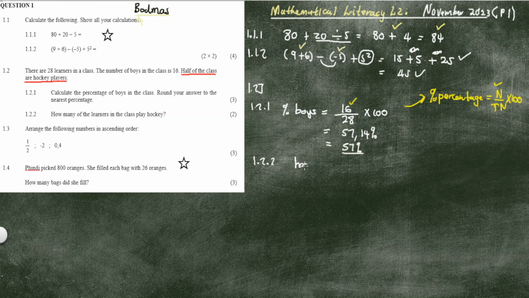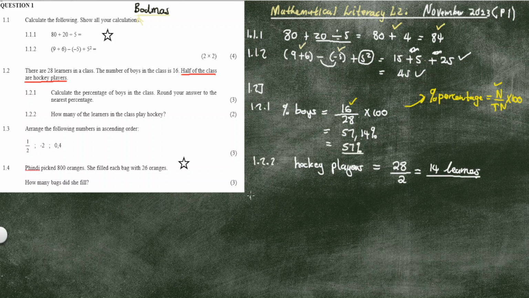So the number of hockey players is actually equal to 28, that's the total of learners in class, divided by 2. That's how we get a half of anything, right? So 28 over 2 gives us 14 learners, which is like 50% of the classroom, right?